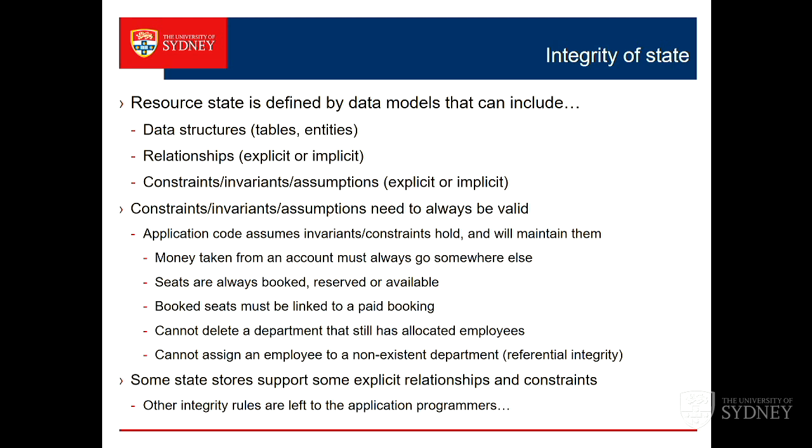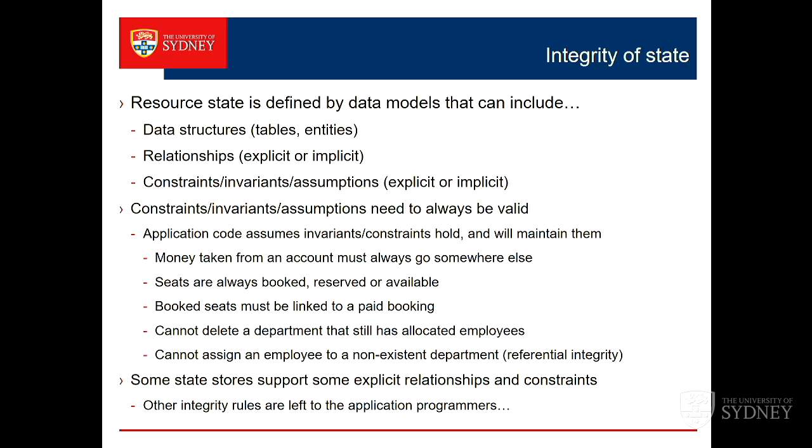If I go to delete the staff record for the manager of the accounts department, something could say, you can't delete that because something else is pointing to it. So I could define what I call referential integrity constraints over that part of the data model, and my data store may enforce those for me.